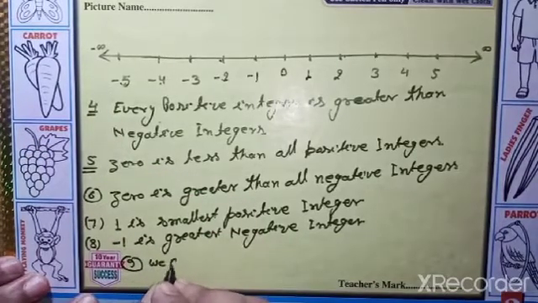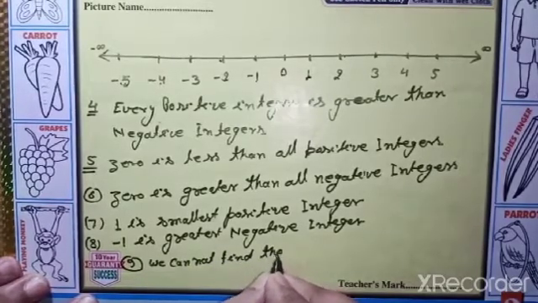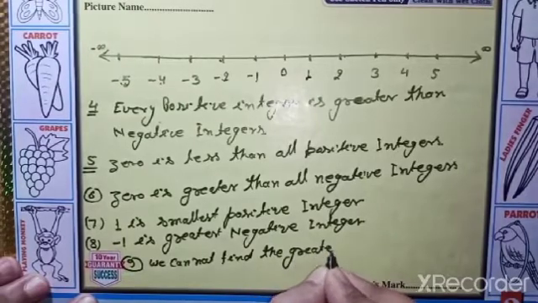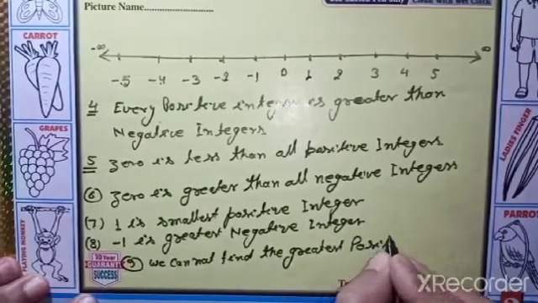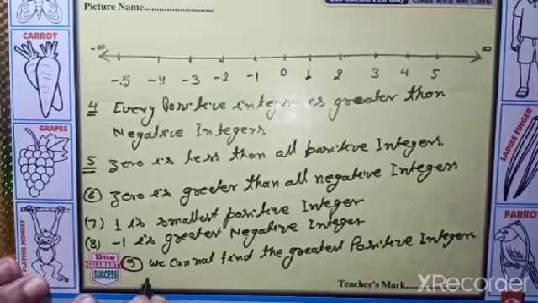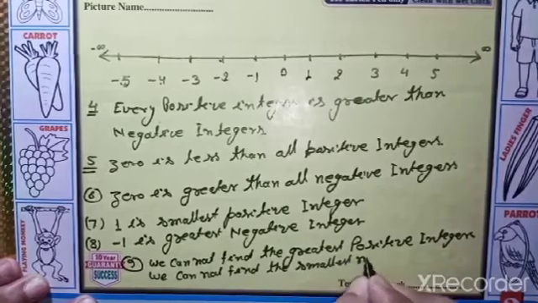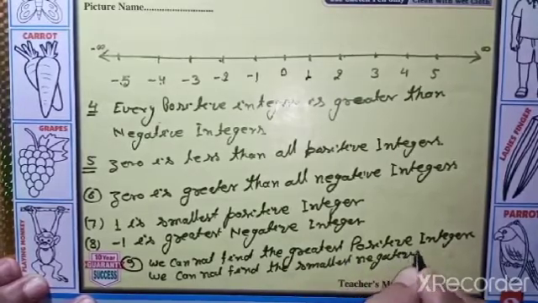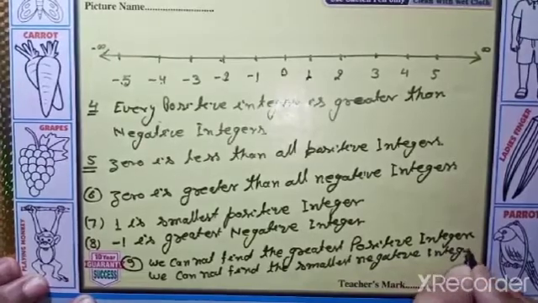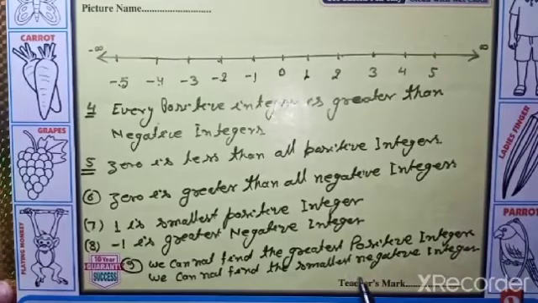Means we cannot find the greatest positive integer, and we cannot find the smallest negative integer.